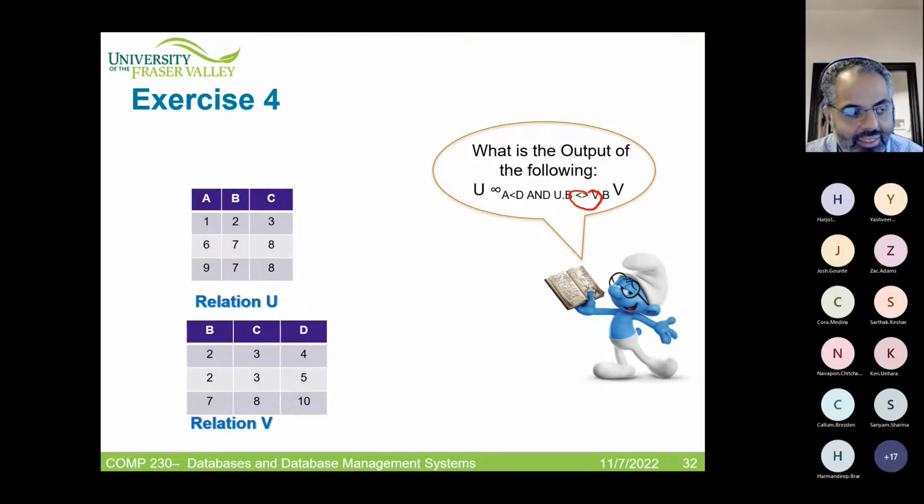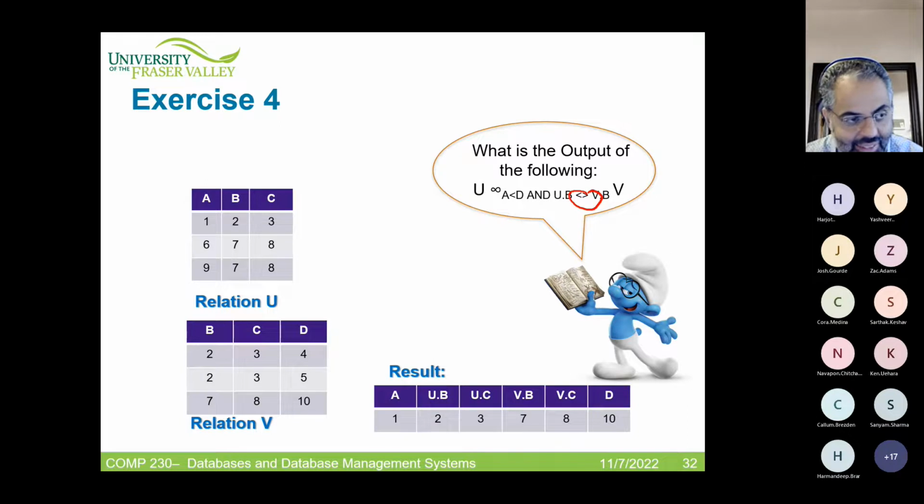Josh, go ahead. I think it would just be one row, which would be 1, 2, 3, 7, 8, 10. Yeah, correct. This is the only row that satisfies this condition.